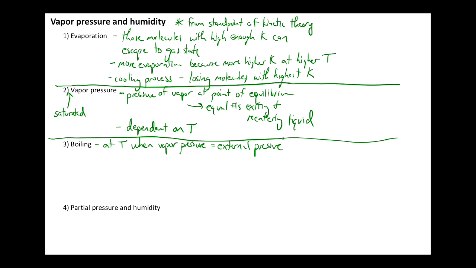So think about what happens if you are, say, at high altitude. You're like, well, what does that have to do with anything? Well, we could say a few different things about being at high altitude here on Earth. First of all, we have a lower external pressure. A lower external pressure means you're going to end up with a lower boiling temperature.